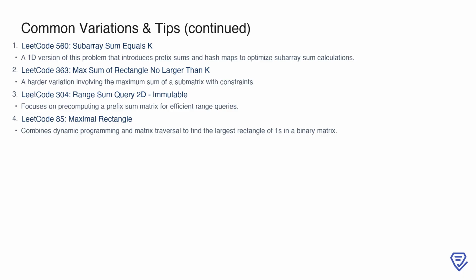LeetCode 304, range sum query 2D immutable, focuses on pre-computing a prefix sum matrix to enable efficient range queries. Finally, there's LeetCode 85, maximal rectangle, which involves finding the largest rectangle of ones in a binary matrix using dynamic programming and matrix traversal techniques. Each of these problems builds on similar concepts, allowing you to practice and refine your approach for solving matrix-related challenges.